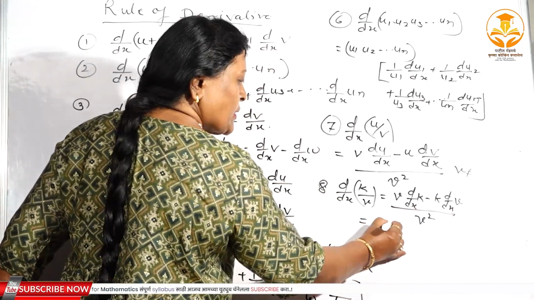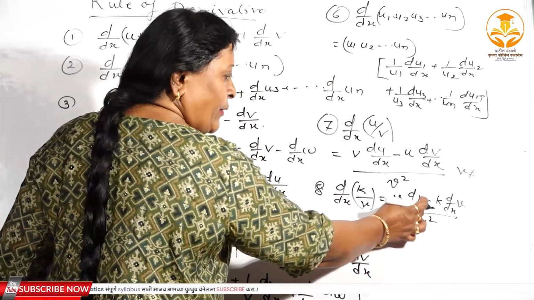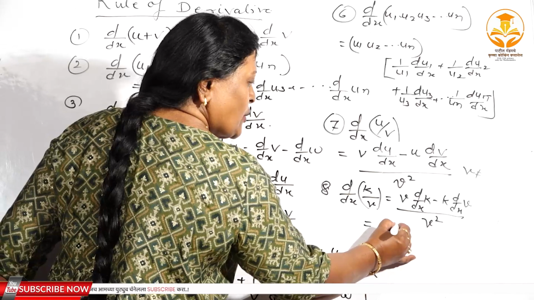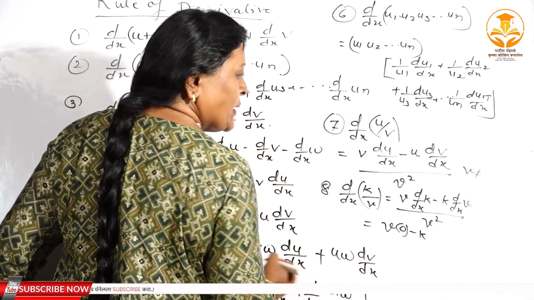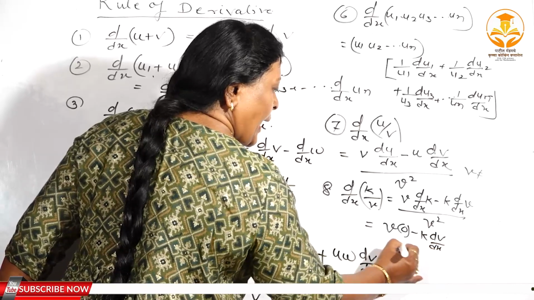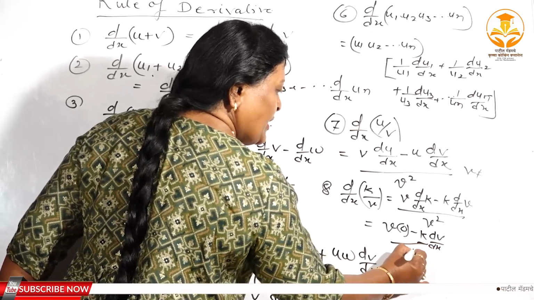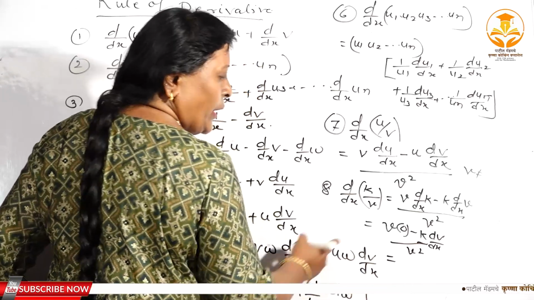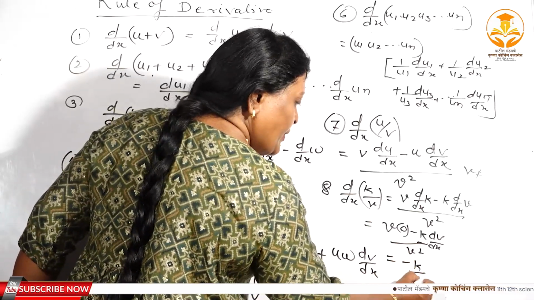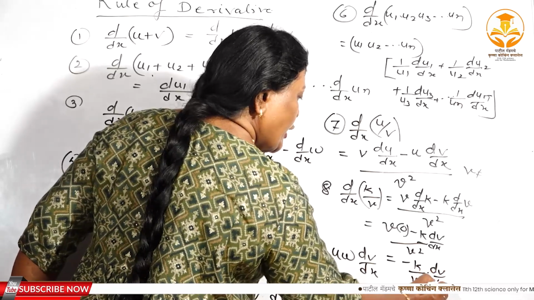Again if you observe this, v remain as it is, but the derivative of a constant function is always equal to 0, therefore this is 0, minus k remain as it is, and the d/dx of v remain as it is, dv by dx, and divided by v square. Therefore, here you have got v into 0, 0, minus k divided by v square into dv divided by dx.